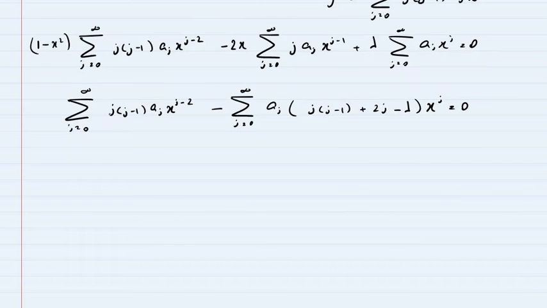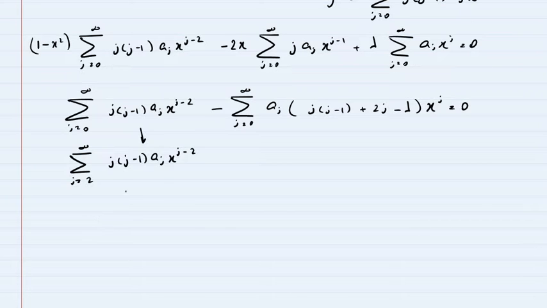When j is equal to 0 and j is equal to 1, the first term becomes 0. So we can write this sum going from j equals 2 to infinity of j(j-1) a_j x^(j-2).